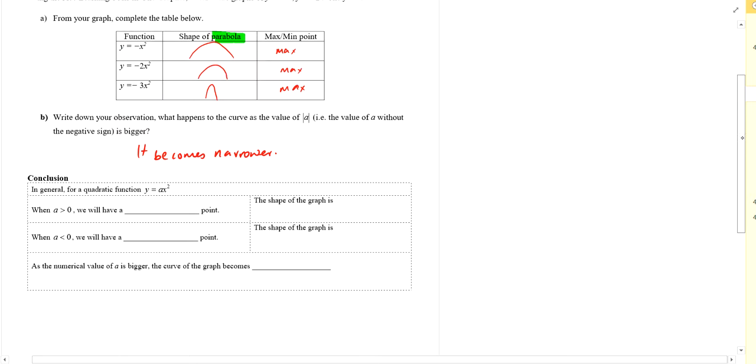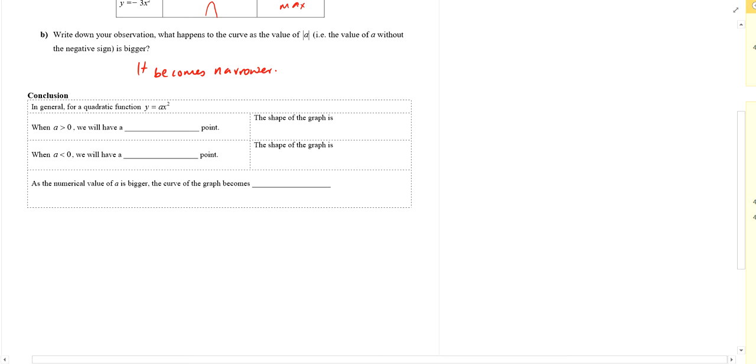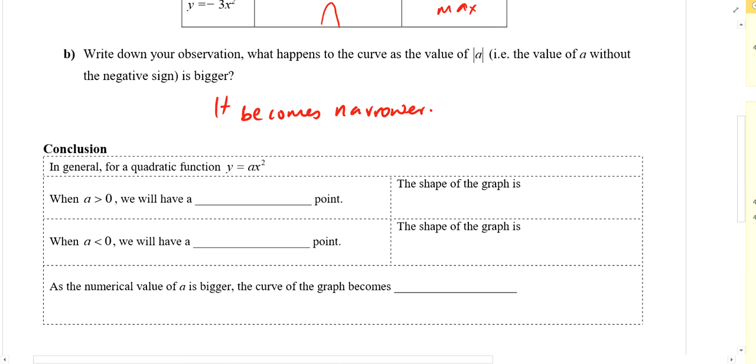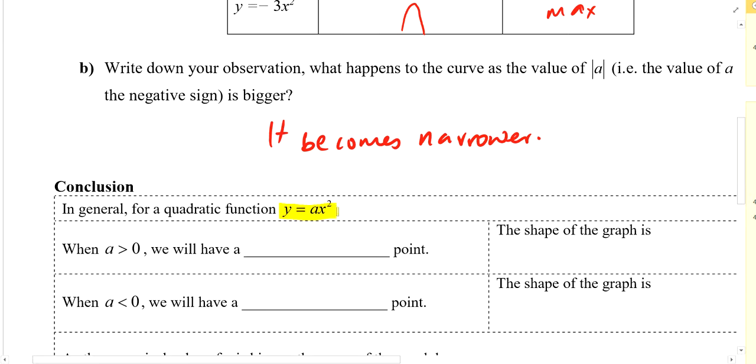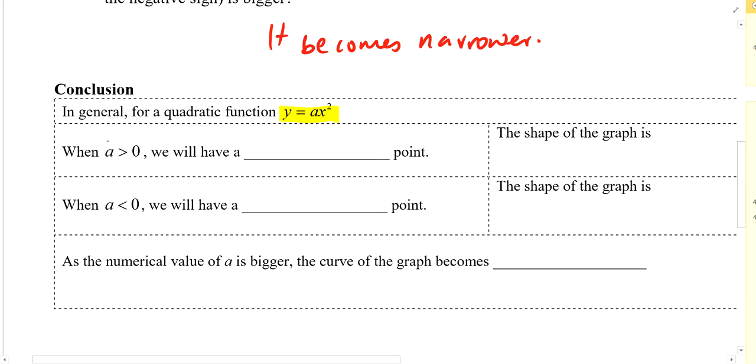So the next part, in conclusion, for a graph of a quadratic equation like this, y equals ax squared, when a is positive. So this a over here represents the coefficient of x squared.